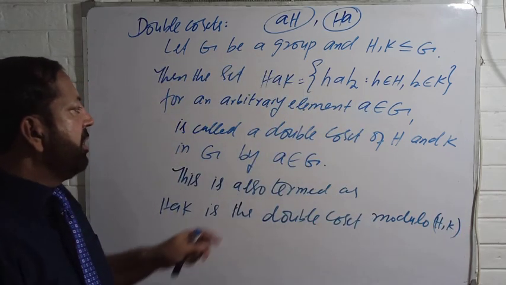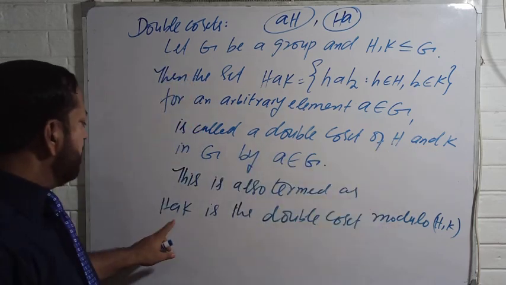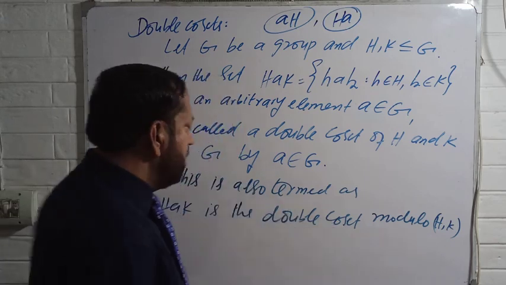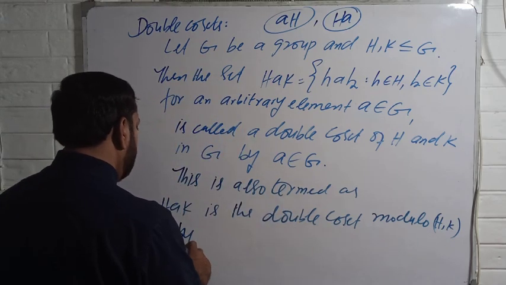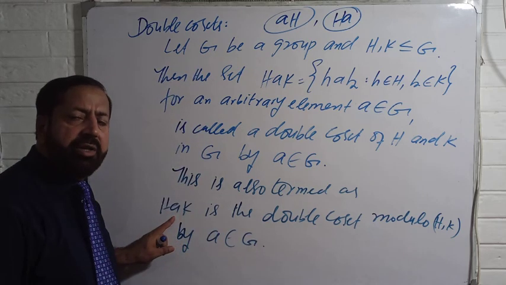Instead of writing double coset of H and K, you can write HaK is the double coset modulo HK by a belonging to G. Of course, you are fixing the element a.